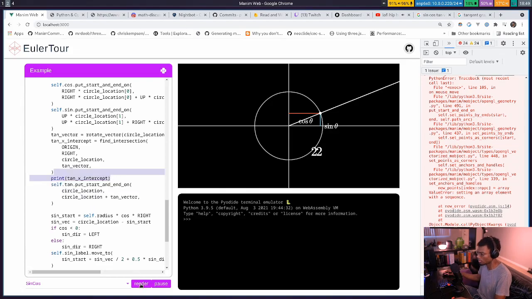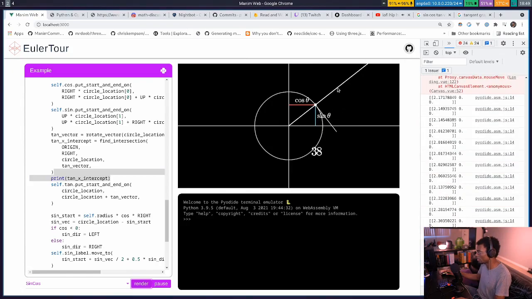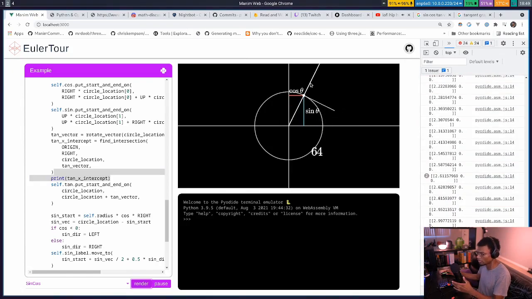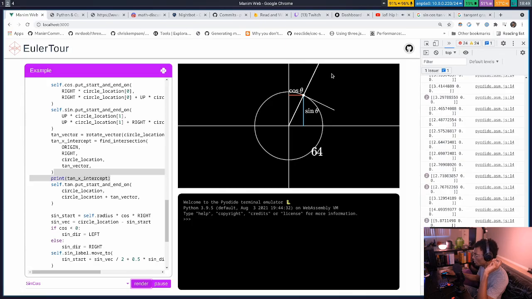Print this again. I didn't plan for this to handle any error correction, but it seems to do pretty well. Okay, but this is already a vector, so I don't have to multiply by right. And for some reason, it's a list containing another list.